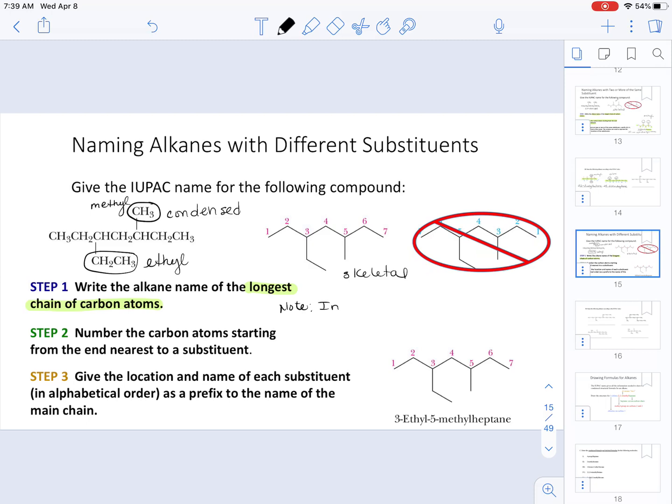In this example, the numbering for the substituents is the same, meaning they live on number 3 and number 5.